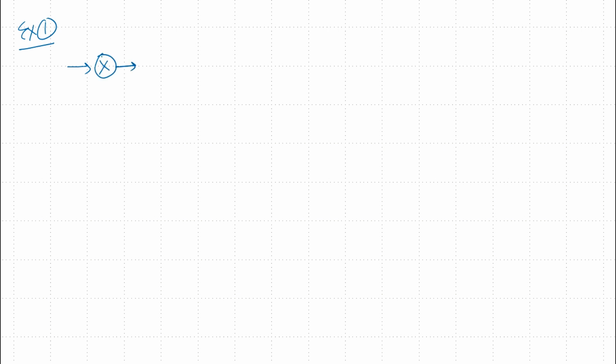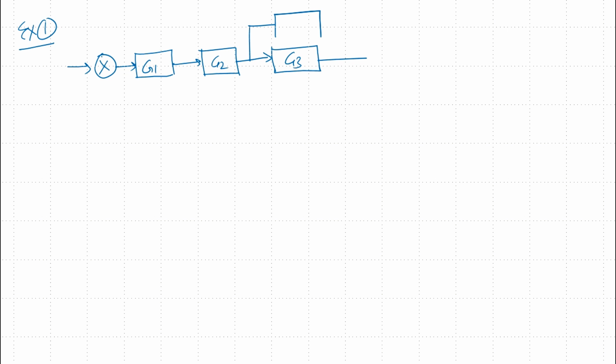So suppose there are blocks connected like this, the gain G1, G2, a block G3, and these are connected like this.